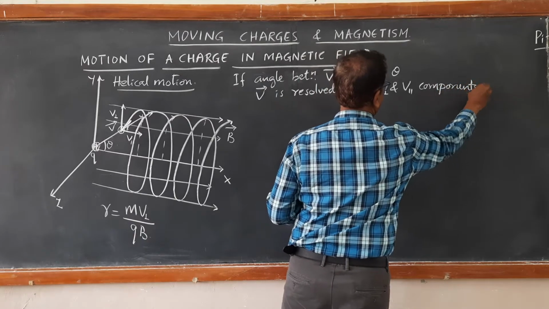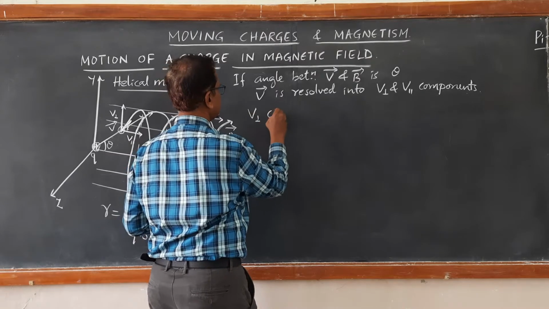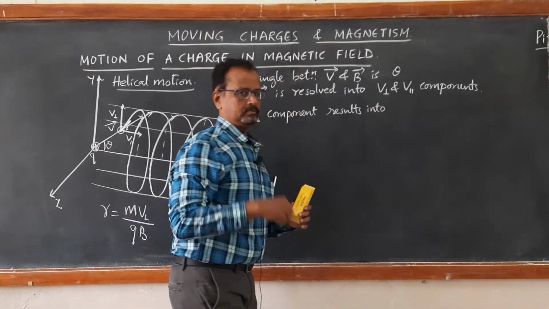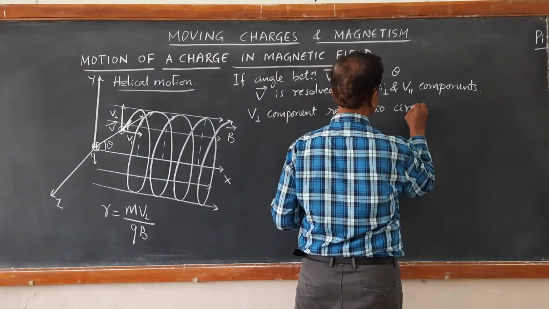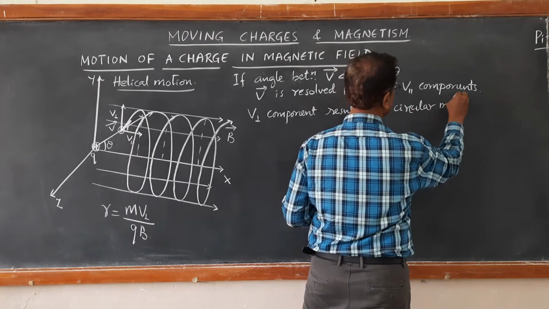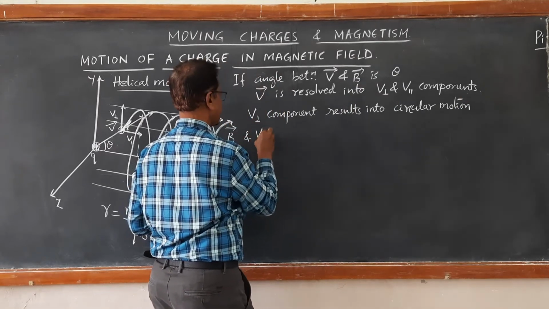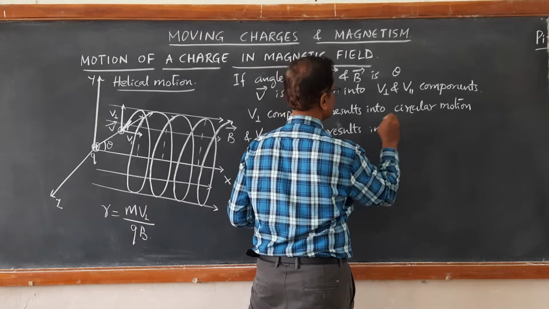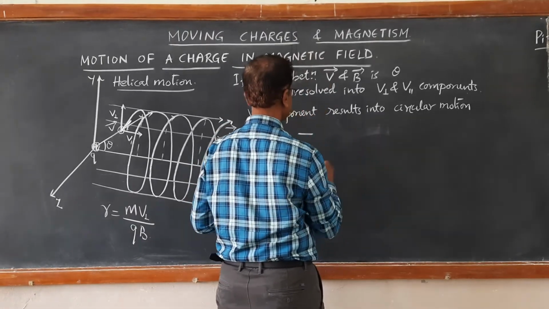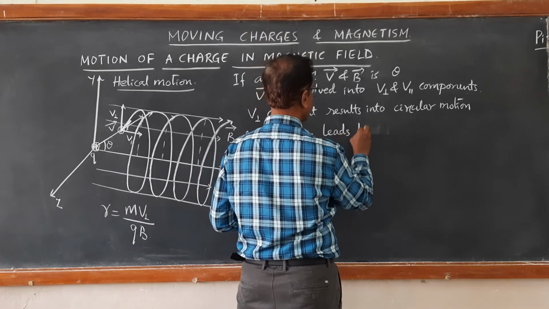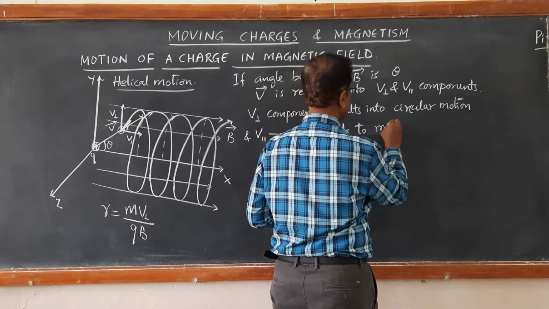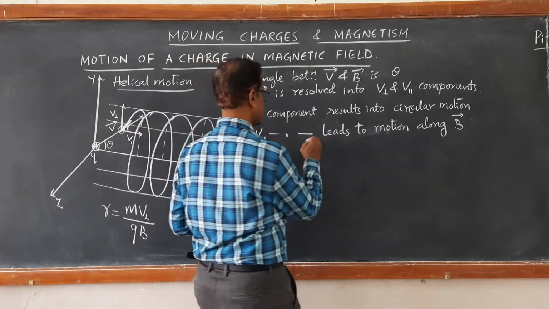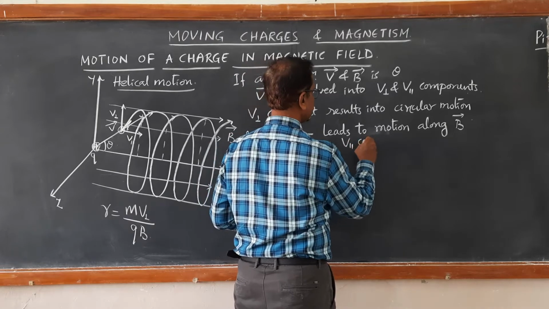The v perpendicular component results in the circular motion, and the v parallel component leads to motion along the magnetic field vector B, since it is not affected.